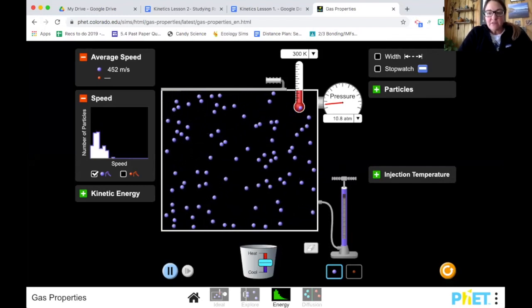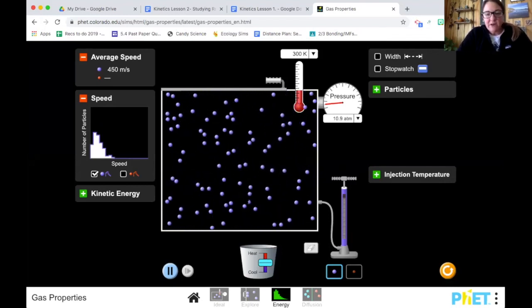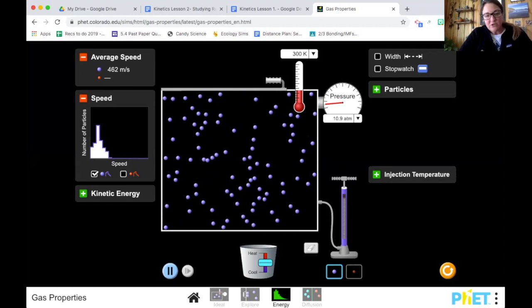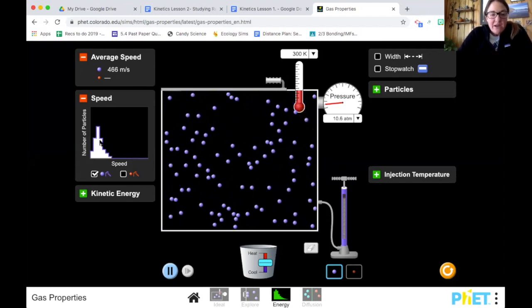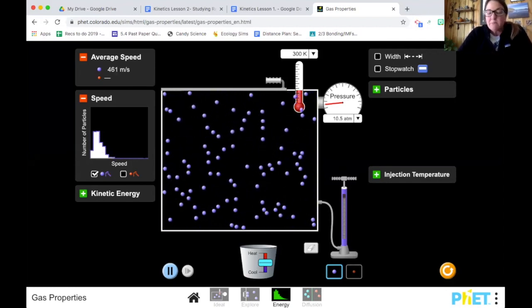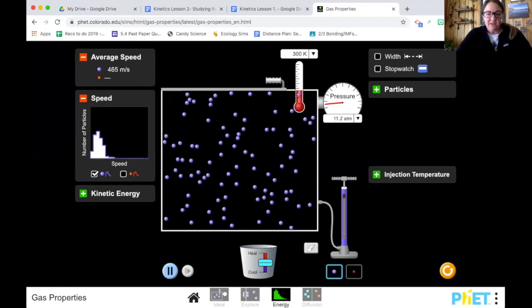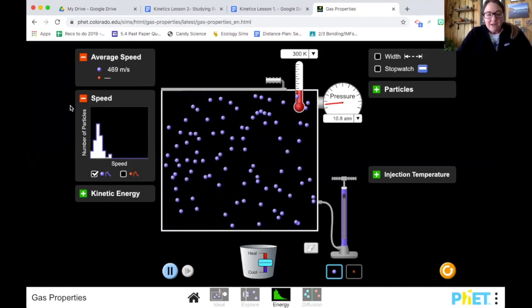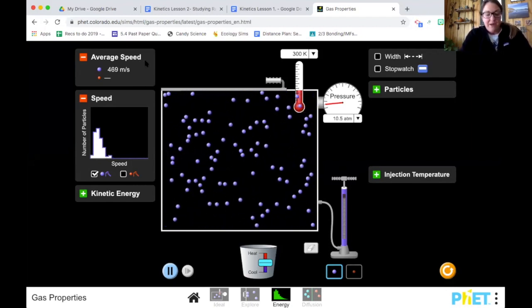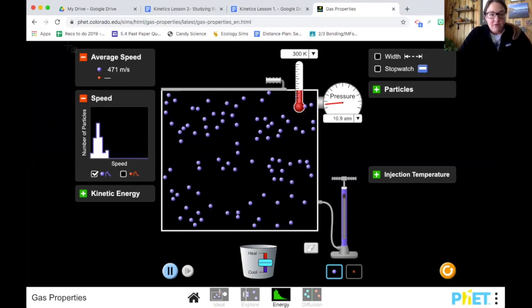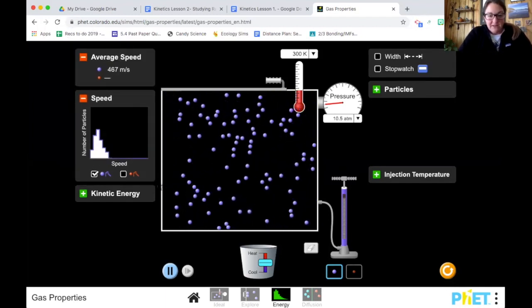This is a simulator that shows me molecules moving around, some of which are moving slow, some of which are moving fast. And over here, we have a distribution of the number of particles moving at a particular speed. Now, I'm going to take a screenshot of what we have here so that I can compare it in a couple minutes.